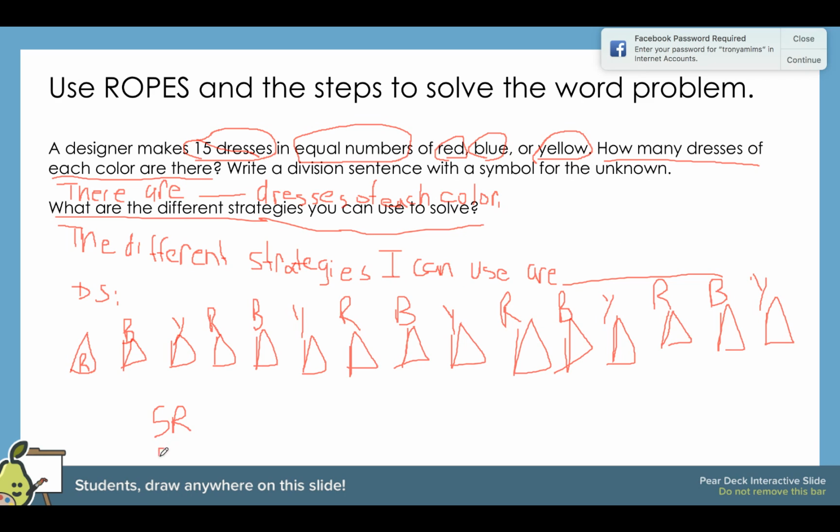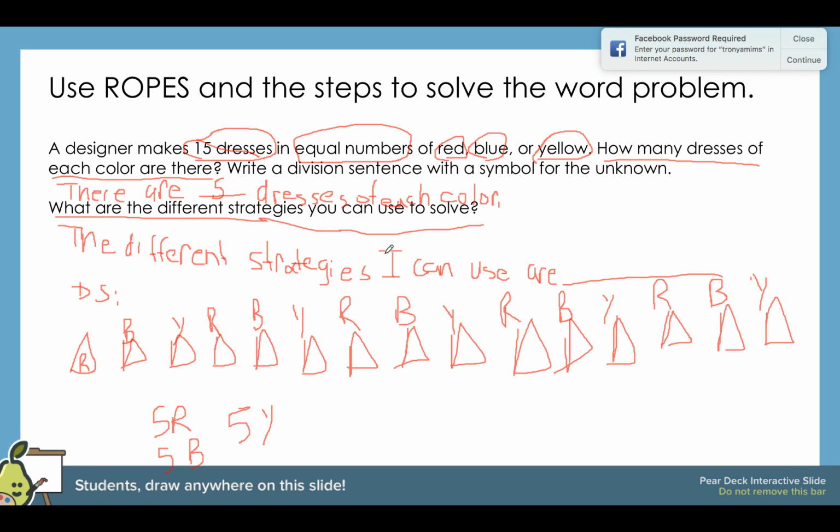So there's 5 red, there's 5 blue, and let's check yellow just to make sure it's the same number. 1, 2, 3, 4, 5. So we also have 5 yellow dresses. So as we can see, they are equal numbers because 5 equals 5 equals 5. So now I can go back up to my sentence and say there are 5 dresses of each color.